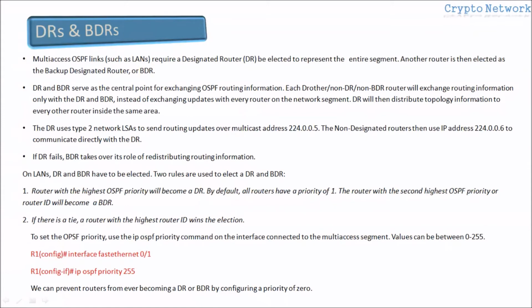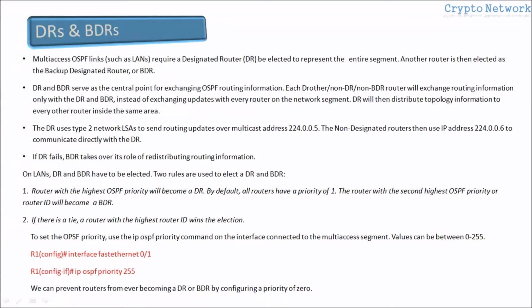You can influence the DR and BDR election process by manually configuring the OSPF priority. This is done using the ip ospf priority value command, an interface command, on an interface basis. Changing the priority to 0 will make the specified router or routers ineligible to become a DR or BDR.